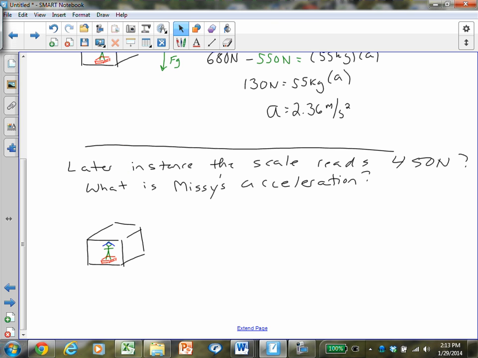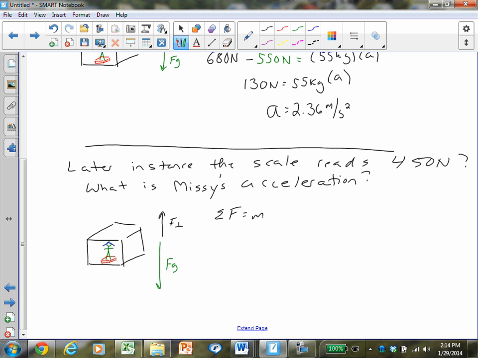This time around, FG is bigger. It's the same as it was before, but it's bigger than F perpendicular, because FG would be, again, 550 newtons, and F perpendicular is only 450, so FG is bigger. The sum of the forces is mass times acceleration. FG minus F perpendicular equals MA.